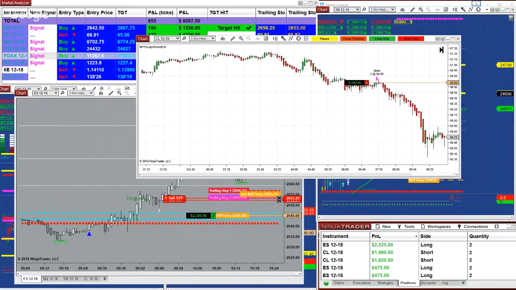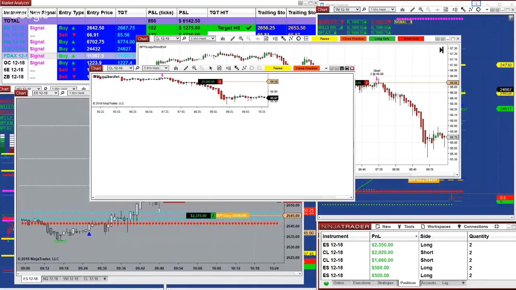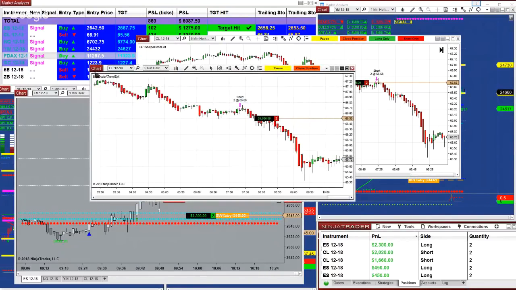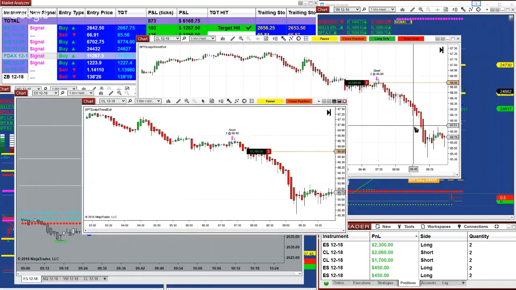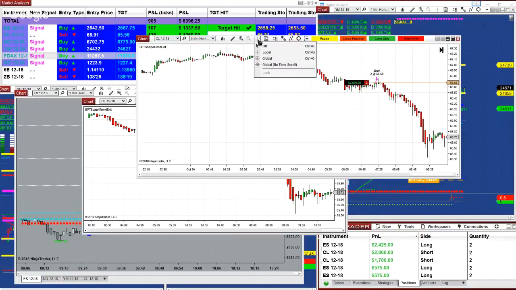To our members, this one is filtered and one is not filtered. This is the difference between unfiltered, and this one is the filtered one. And the filtered one took a late entry. Took it at 7:20.